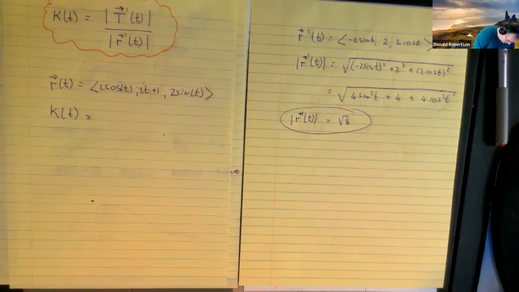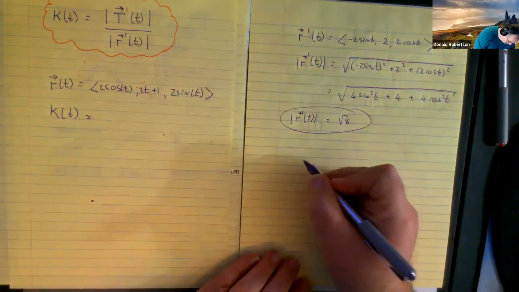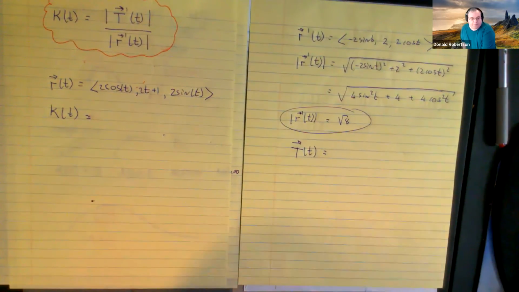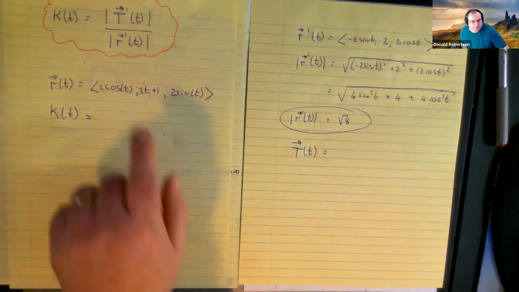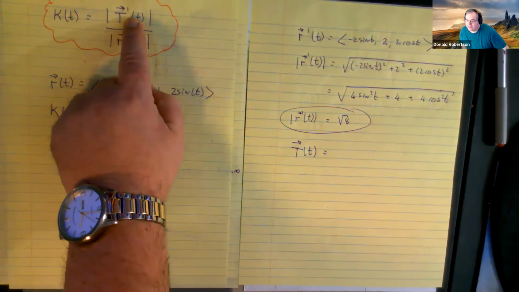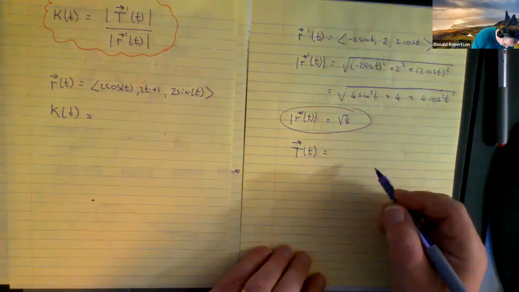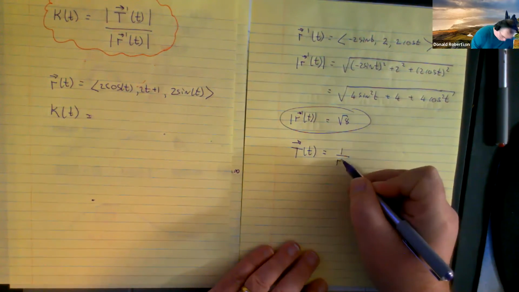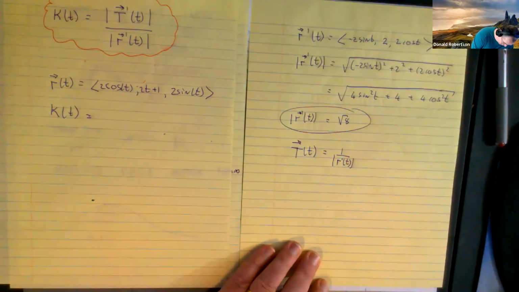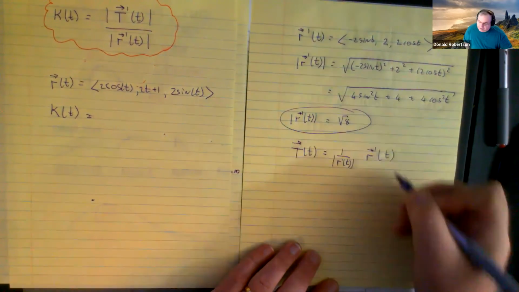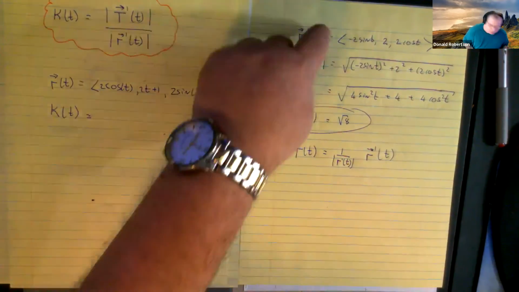Now, I need to find that guy, because I need to find that guy before I can differentiate him, right? And we've got all the pieces, because isn't that guy 1 over the magnitude of this fella? Right, so we already had to use it. So we're kind of double dipping here.